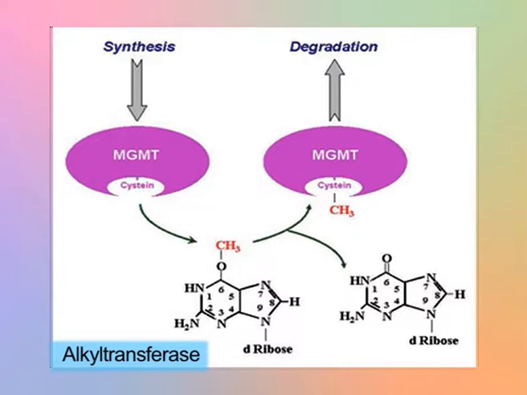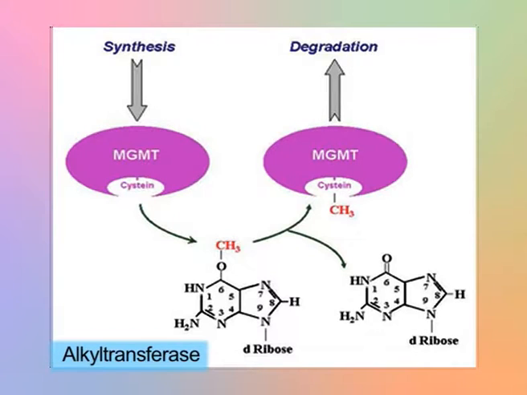Alkyl transferase: the alkyl group, which is made at O6 methylguanine, by an alkylating agent either exogenous or endogenous. They can cause some sort of point mutation, a GT mismatch. So the group must be transferred. Alkyl transferase is found in eukaryotes like MGMT, O6 methylguanine methyltransferase.